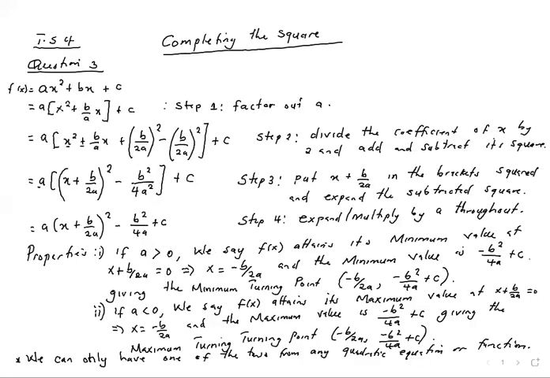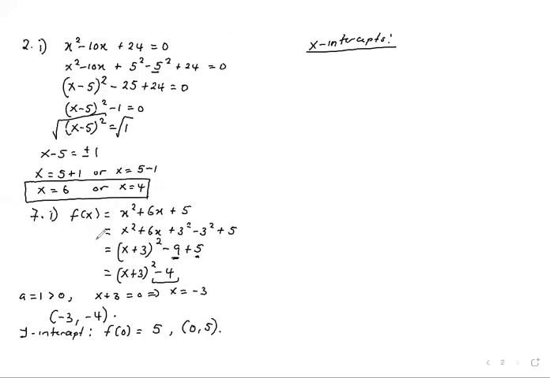Okay. But remember what we said here on the properties. We said if a is greater than 0, we say f of x attains its minimum value at x plus b over 2a is equal to 0. And look at where x plus b over 2a is. It is in the brackets, is it? Yes. So we'll go back and get what is in the brackets, equate it to 0, and solve for x.